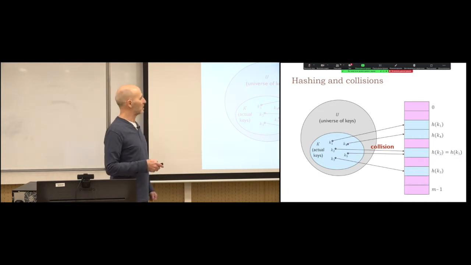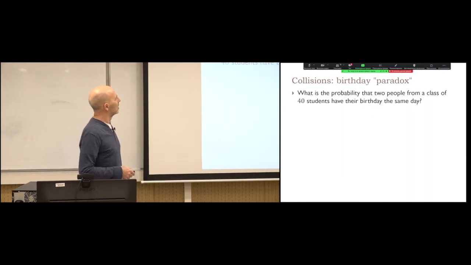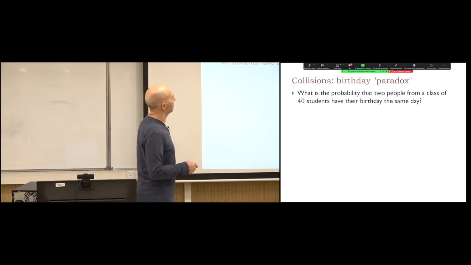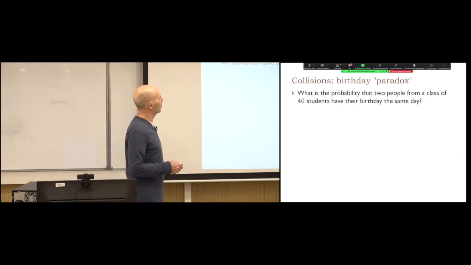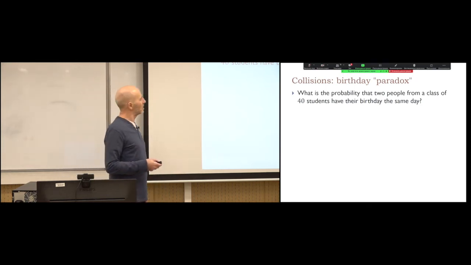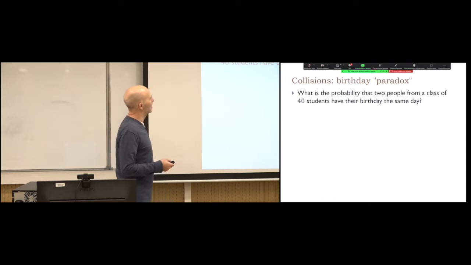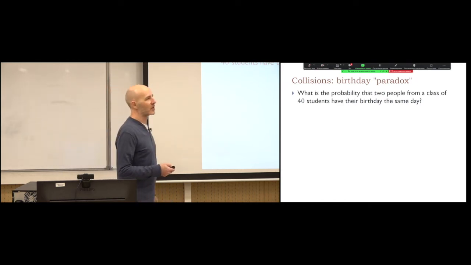So how to deal with collisions? First, to illustrate the phenomenon of collisions, there is this famous birthday paradox, which is not really a paradox, which you probably know, that asks what is the probability that two people from a group have the same birthday.